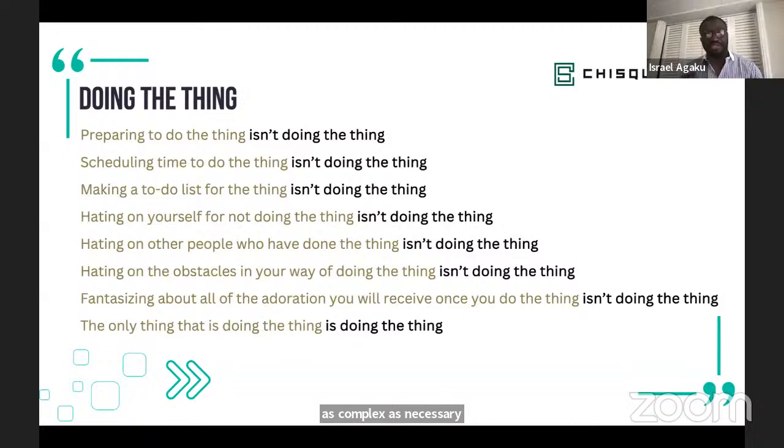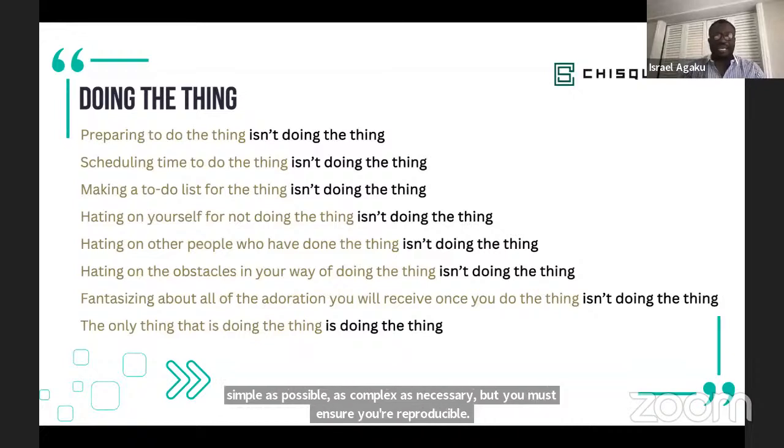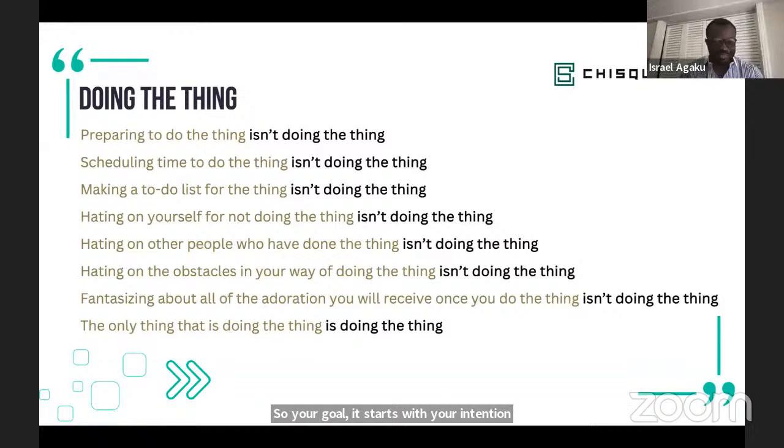That's the mantra we've mentioned in our classes over and over. Keep it as simple as possible, but sometimes it might need to be complex because maybe there's no other way around it. As simple as possible, as complex as necessary, but you must ensure you're reproducible. So your goal starts with your intention at the beginning. Your intention should be to be as simple as possible.